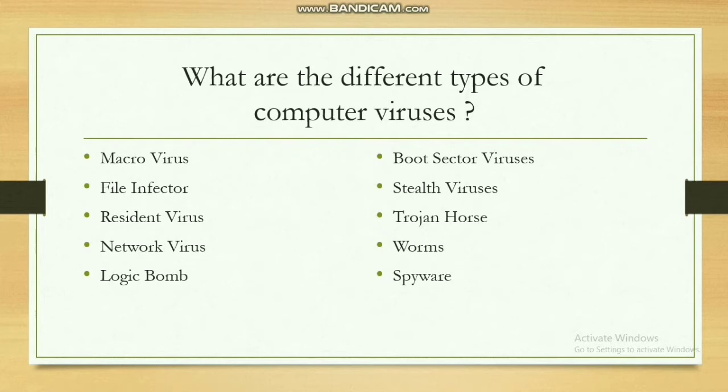Spy means the person who leaks out the secrets from one country to another, and spyware is software that takes your vital information from the cookies or the form fields or the fields in applications which are used in the browser, so that the information is passed to a third person sitting somewhere in the net. Worms are there.